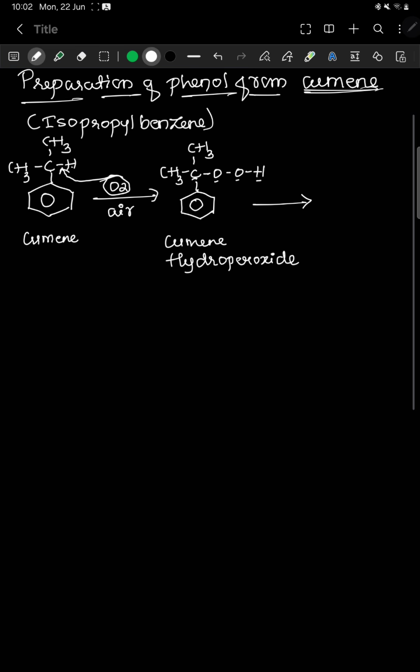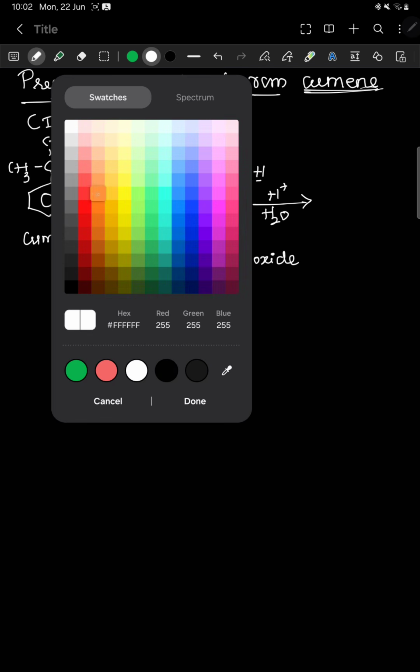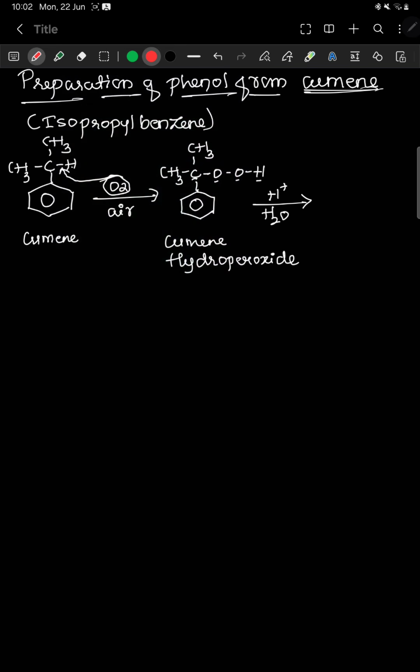Then we are going to hydrolyze this in presence of water, taking mild acid, H plus and H2O. Now what will happen? Observe slightly here.